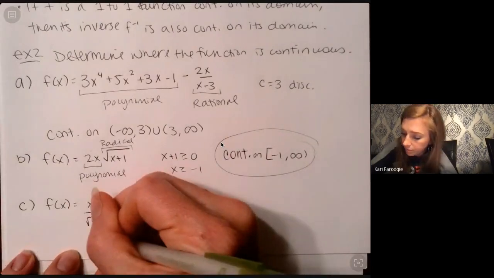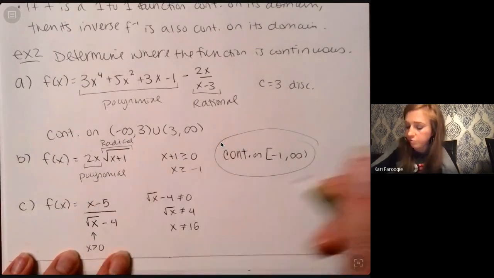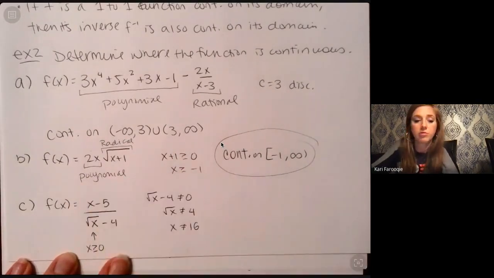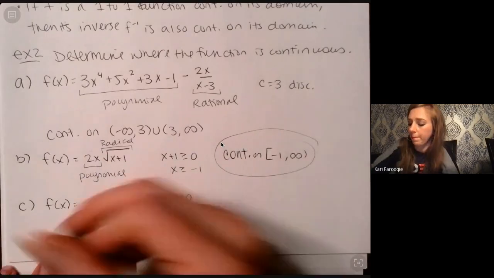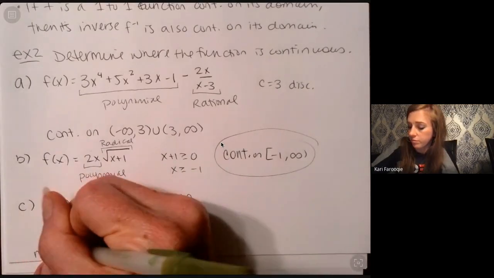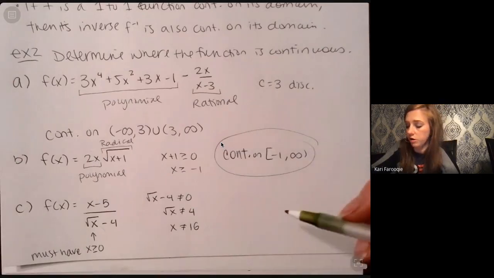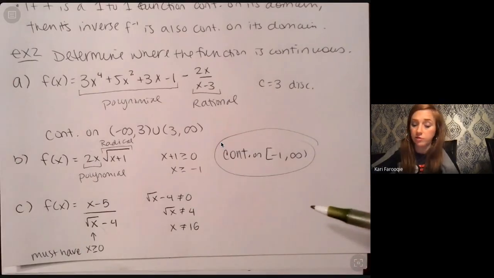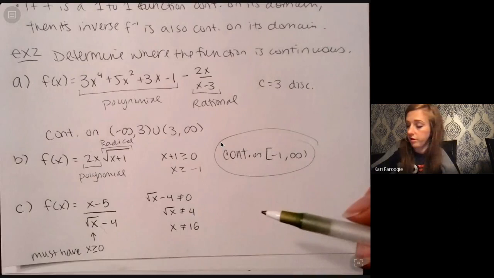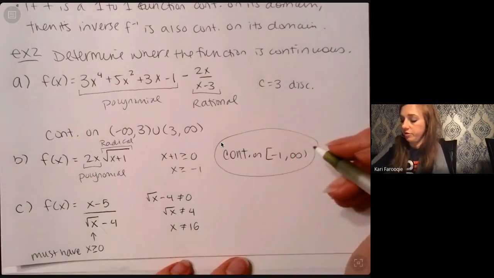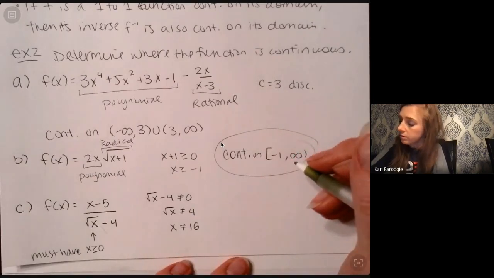So for this case, you must have that x is greater than or equal to 0. So we're not going to include any values for continuity that aren't in this function's domain. That means we're not going to include any values of x that are less than 0, because clearly we can't use them. They don't exist for this function.